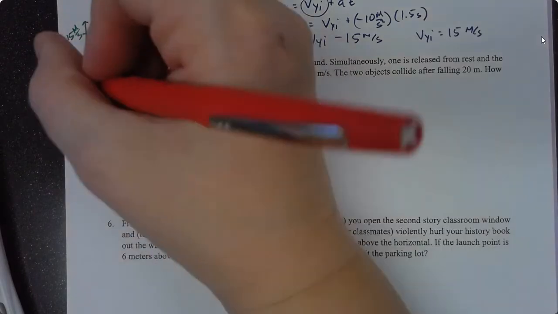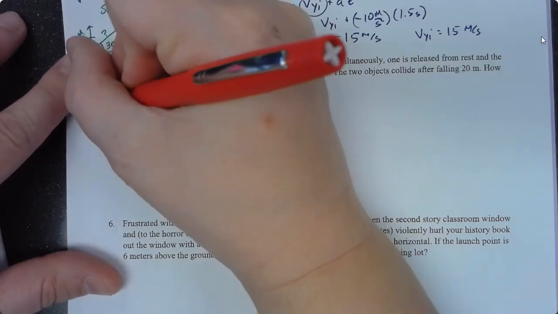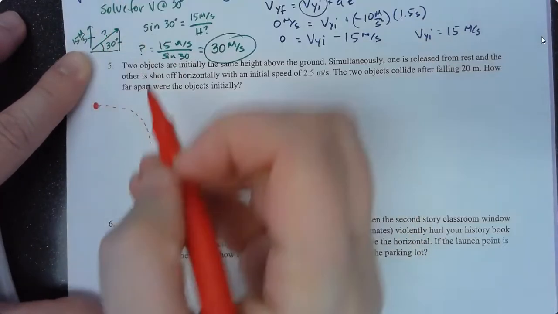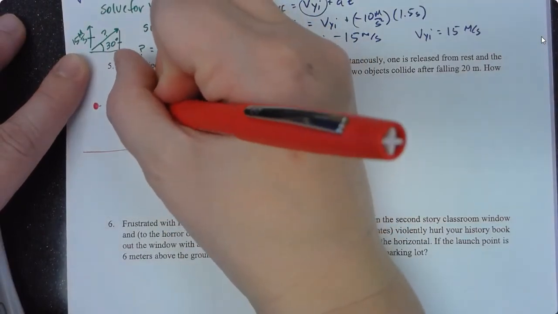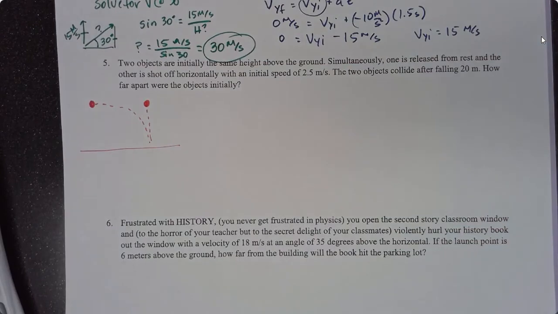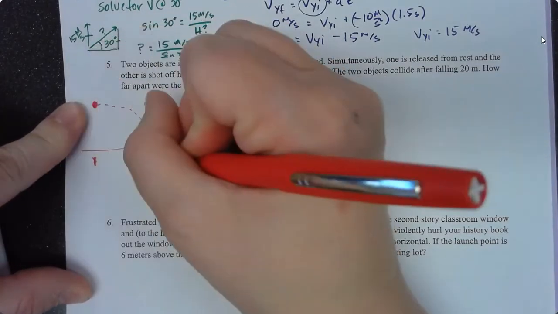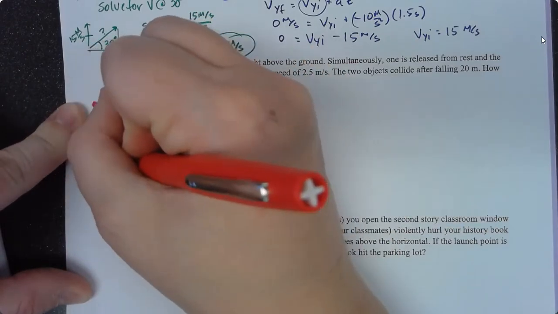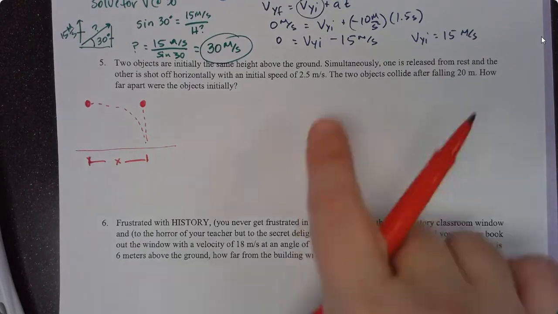So we've got 2 objects, right? One of them is going to get shot off to the side, and the other one is going to be dropped straight down. What we have to figure out is how far they are apart initially, what this range is. Okay, we're told that that happens when they've fallen for 20 meters.